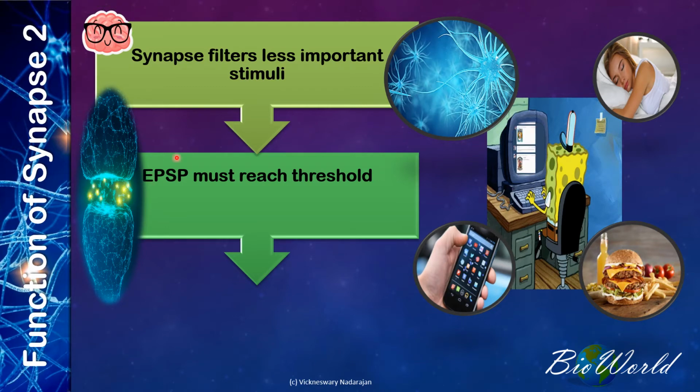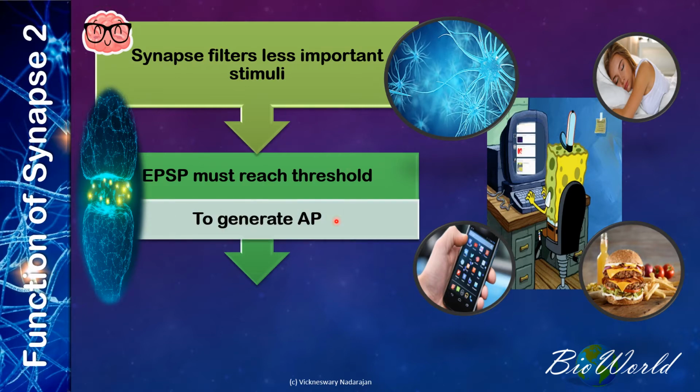Only if the EPSP reaches threshold will there be an action potential that forms a new electrical impulse that will be transmitted once again. If the EPSP does not reach threshold, then that impulse will stop in this neuron.